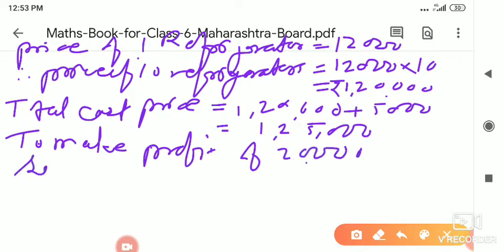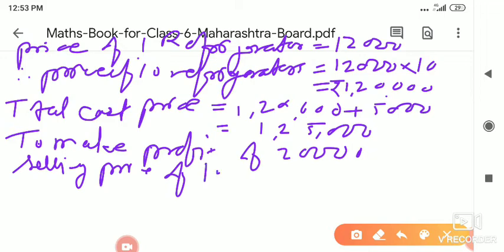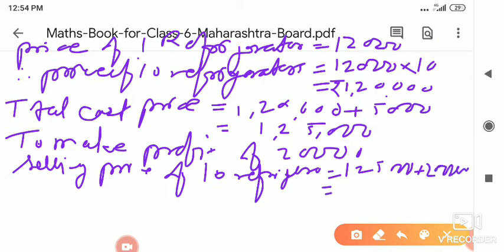Therefore the selling price of 10 refrigerators is equal to 1,25,000 plus 20,000, which is 1,45,000.